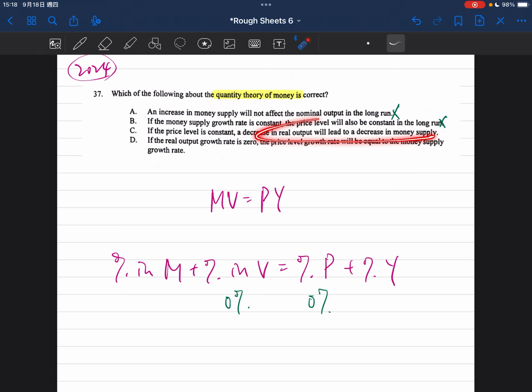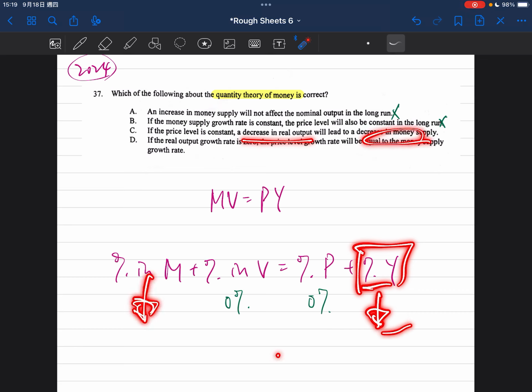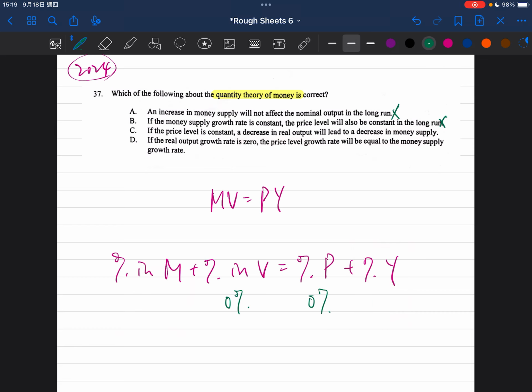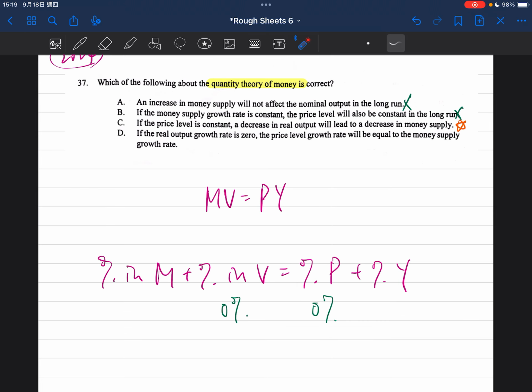And in this case, it can be short run or long run, because it does not state it's a long run scenario. Okay, so a decrease in real output will lead to a decrease in money supply. Okay, it seems that it satisfies the equation. So let's draw a star next to it.